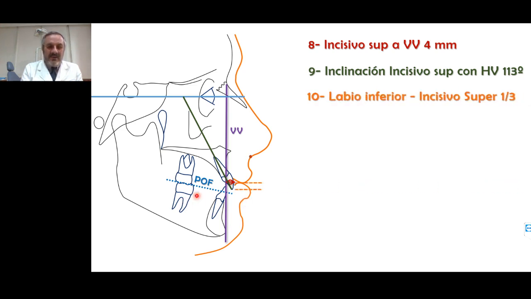The inclination of the upper incisor in relationship with the true horizontal, with the Frankfurt plane, is about 130 degrees.